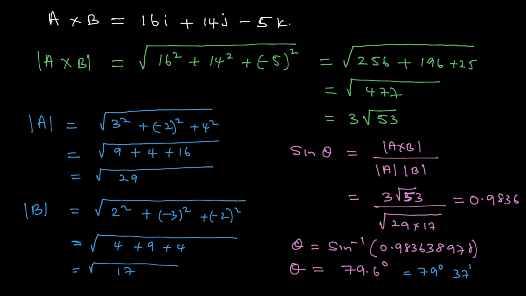And if I times that by another 60, I'll get seconds. So that will be 17 seconds. So that's how you write it in degrees, minutes, and seconds.